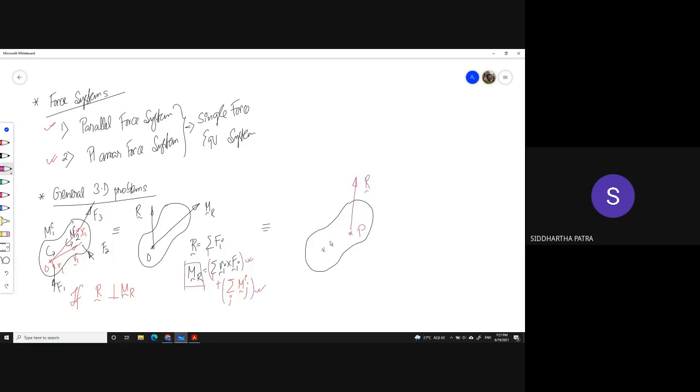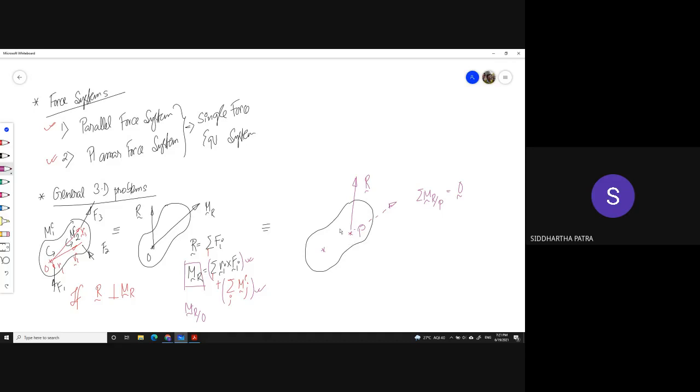This one is MR but with respect to O. So the net moment correction MRP is also there, which just happens to be zero. Okay, so the entire system can be represented with a single force passing through P.